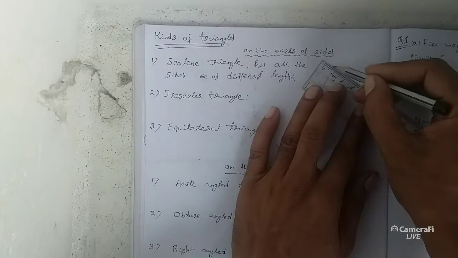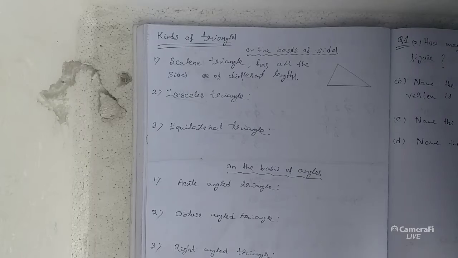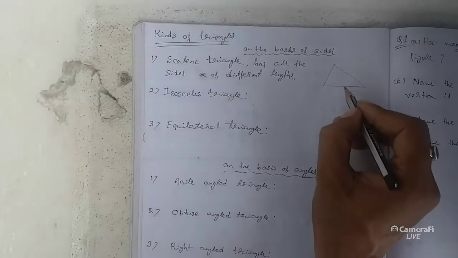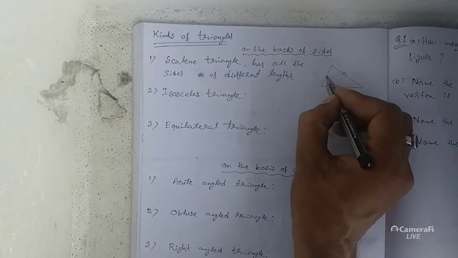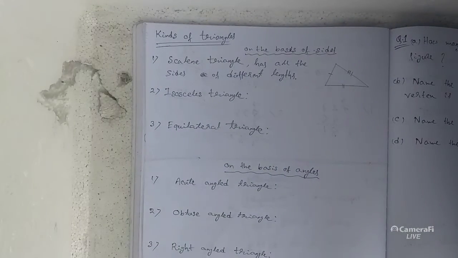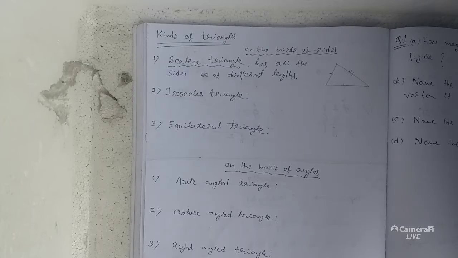Just like this type of figure, it is easy to verify that this is the largest side, this is the second largest, and this is the smallest. So three sides are of different length. So this type of triangle is called a scalene triangle. So this is the first one, scalene triangle.